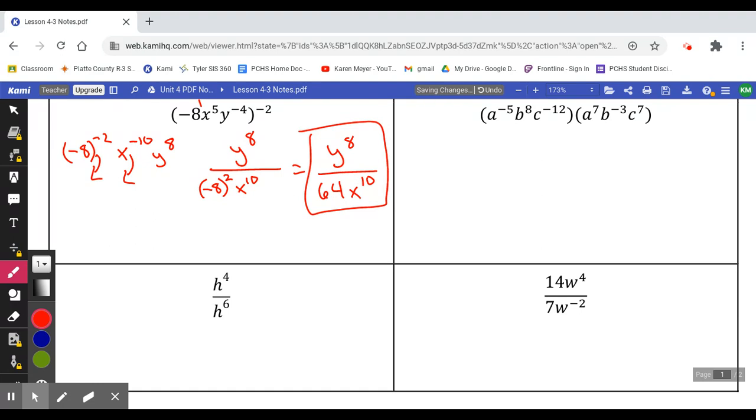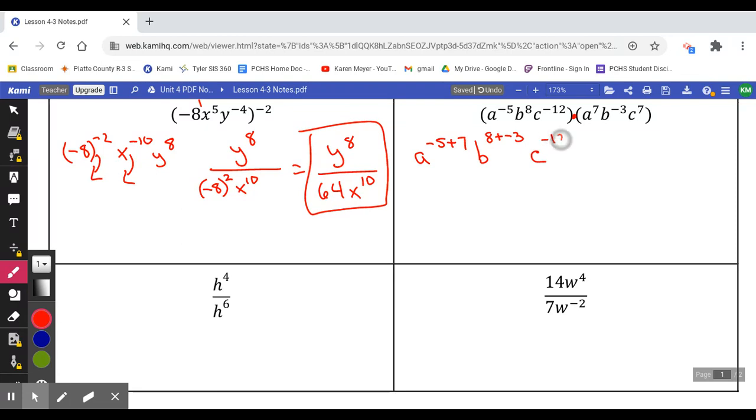All right, next one. On this one, there are no powers outside the parentheses, so we're not going to be multiplying any exponents. So this is just straight up multiplication. So when you're multiplying, you add exponents. So for A, I'm going to take negative 5 plus 7. For B, I'm going to take 8 plus negative 3.